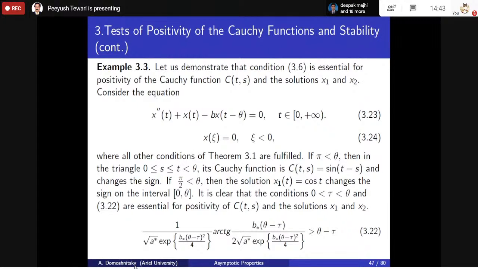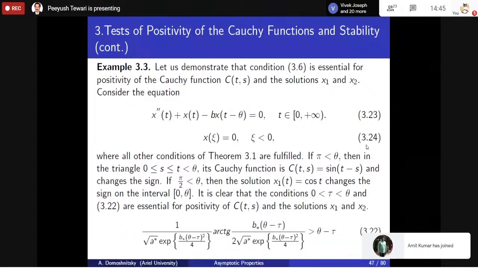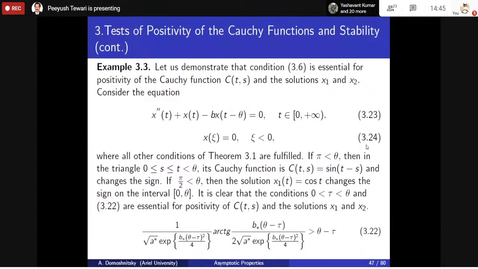Okay, and what is important here? The difference between delays should be small enough. That is an important assumption. If we take, for example, an equation of this sort, and theta greater than pi, then its Cauchy function is less than 1.